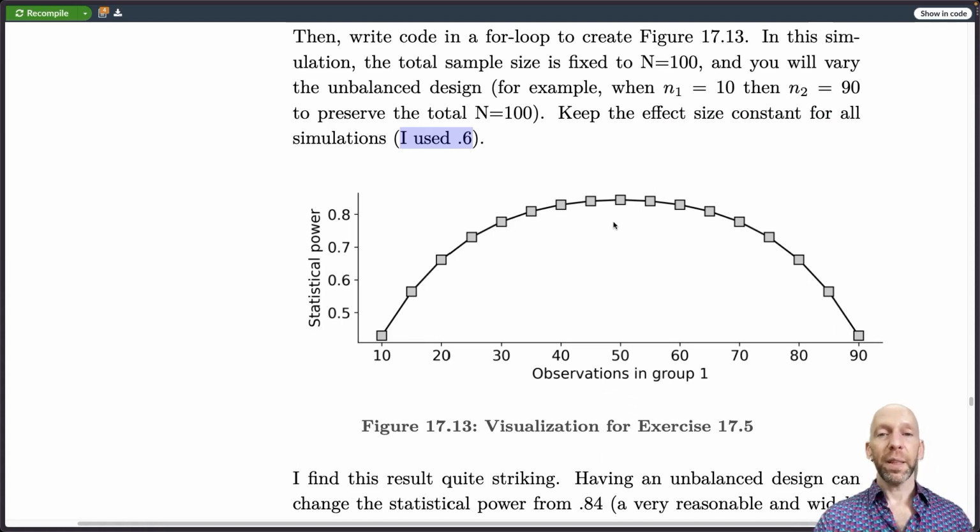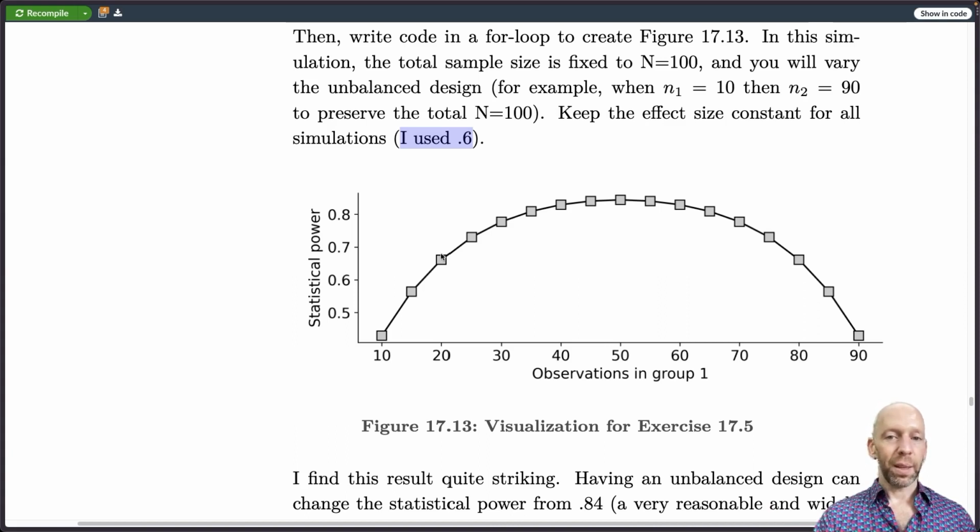When you have a perfectly balanced design, then it's 50-50. You have 50 samples in group 1, 50 samples in group 2. And that actually turns out to give you the maximal statistical power, which in this case is around 0.85, or 0.84. Then you will see that as you change the sample sizes to be unbalanced, remember the total sample size is exactly the same.